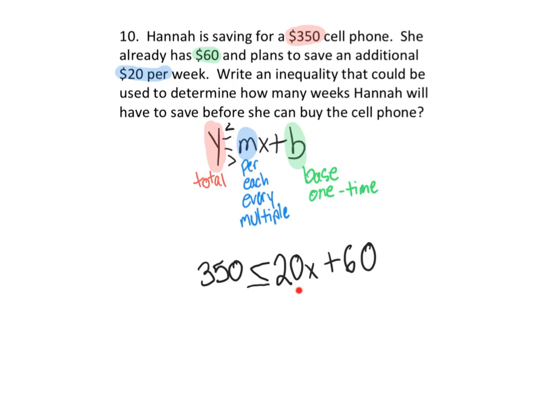So she needs more than or equal to 350. So the way this is read is 350 is less than or equal to 20x plus 60. If you were going to read it in words, you could say the total amount is less than or equal to what she is going to save. If that helps you understand this a little better.